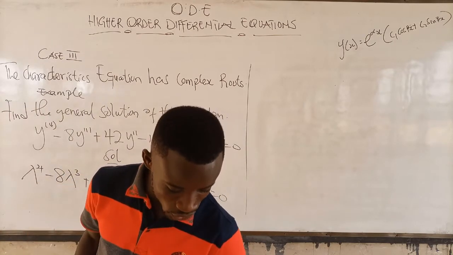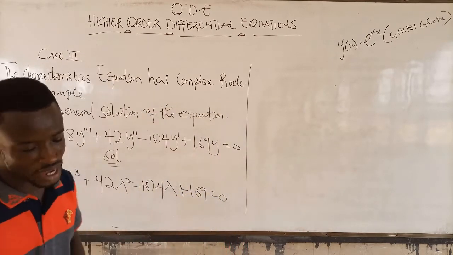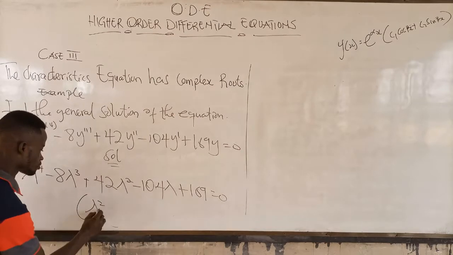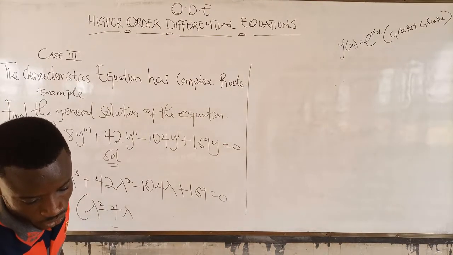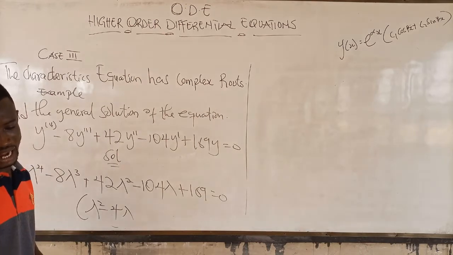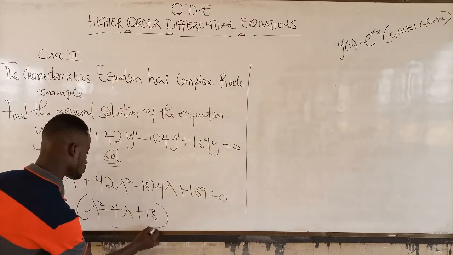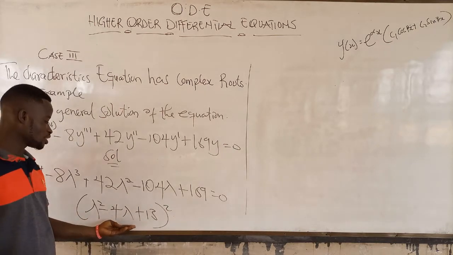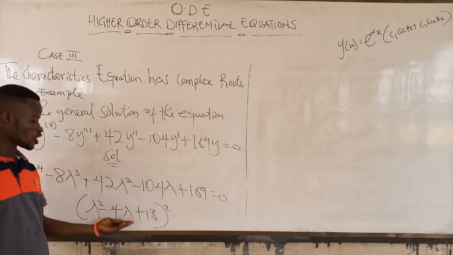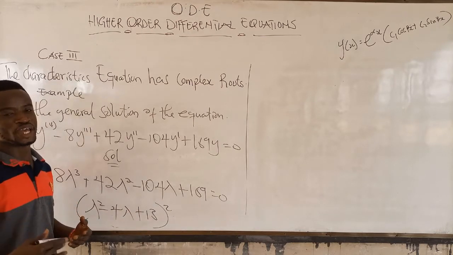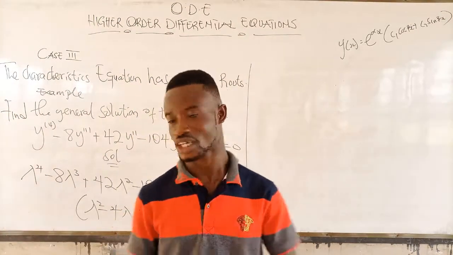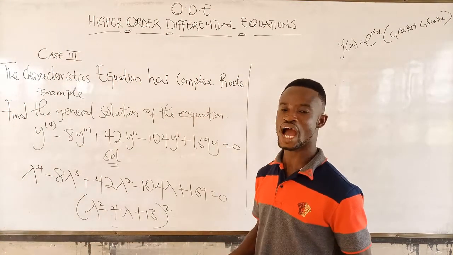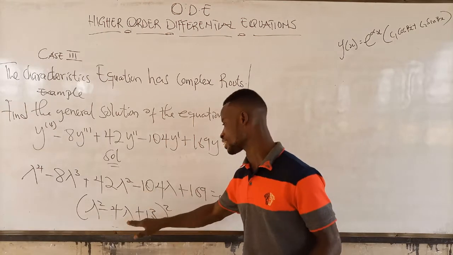And when it's algebra, by solving, or by factorizing, you are going to get lambda square minus 4 lambda plus 13, all squared. Now, if you are using some of the TI-84 Texas Instruments, you can punch the whole of this on your calculator and you get your final answer. If you don't have, then you need to use your algebra to simplify it to this form.